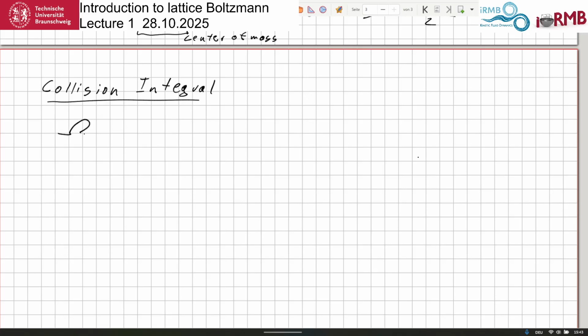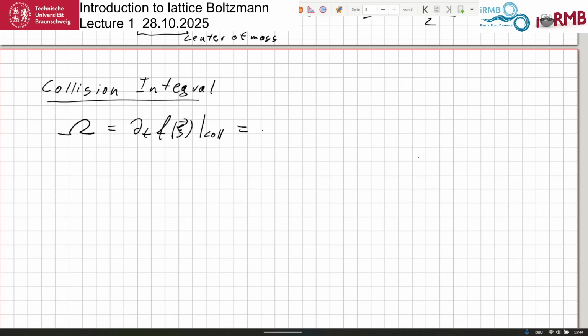So we call this collision integral omega. And this we can write also like this. So this is the change of the probability density only due to collision, meaning not due to streaming, to advection.